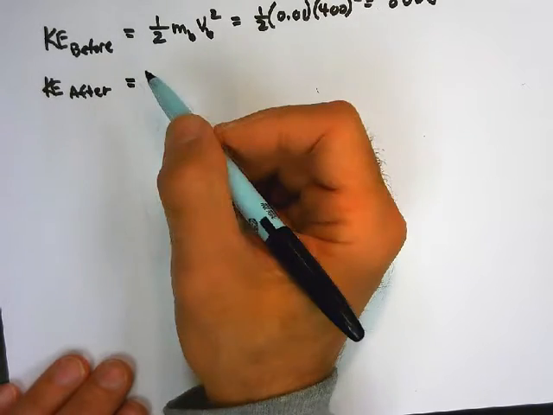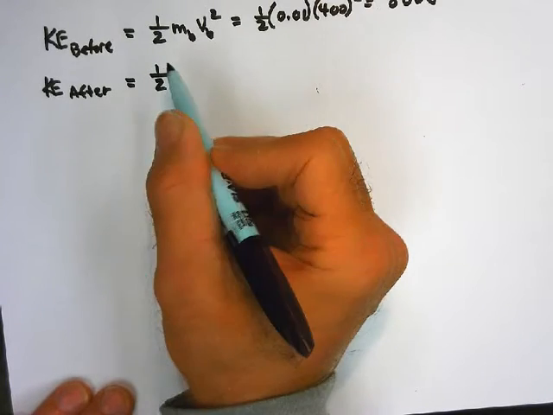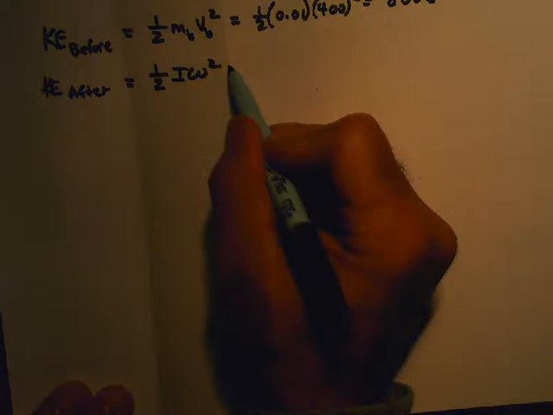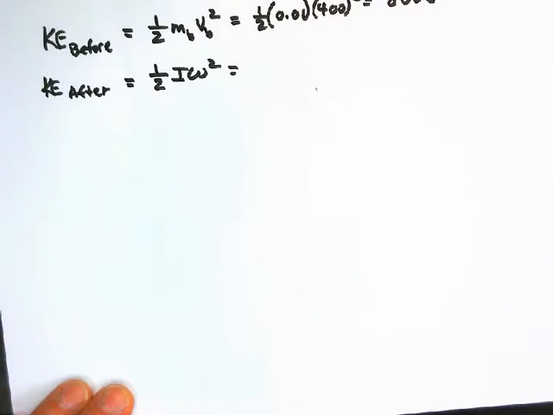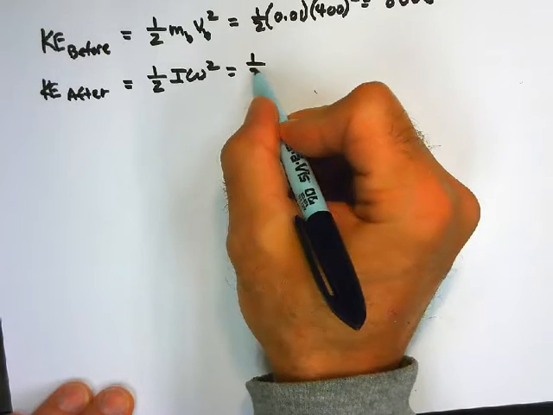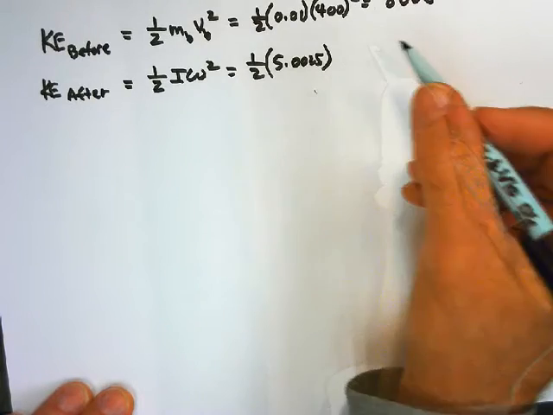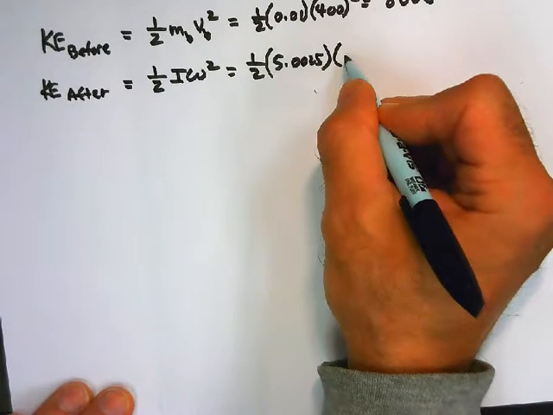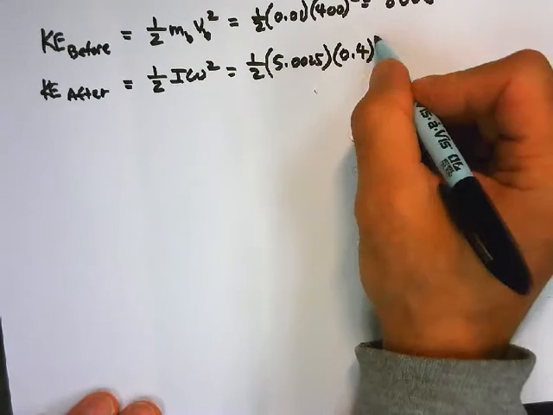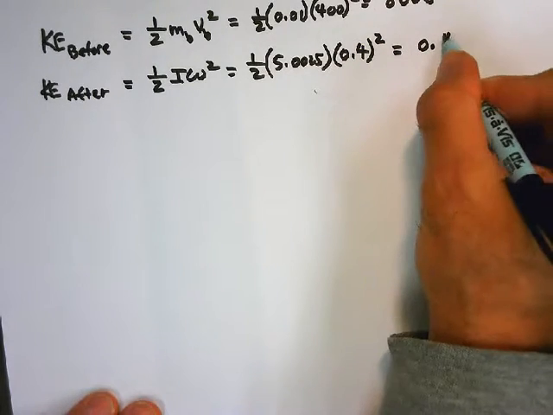Now it's a rotational problem, so the kinetic energy of rotation is 1/2 I omega squared. Remember that I total was 5.0025. So this will be 1/2 times 5.0025 times the angular speed of 0.4 radians per second, squared. When we do the math, it comes out to be a measly 0.4 joules.